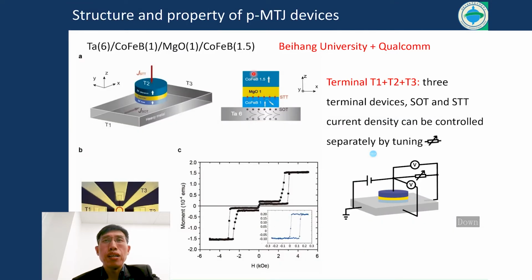Here, I will show you some experimental results. This is the device. As you can see, it's a 4-layer system. This is the electrode where we can generate the spin orbit torque mechanism to generate a spin current for the switching of these devices.